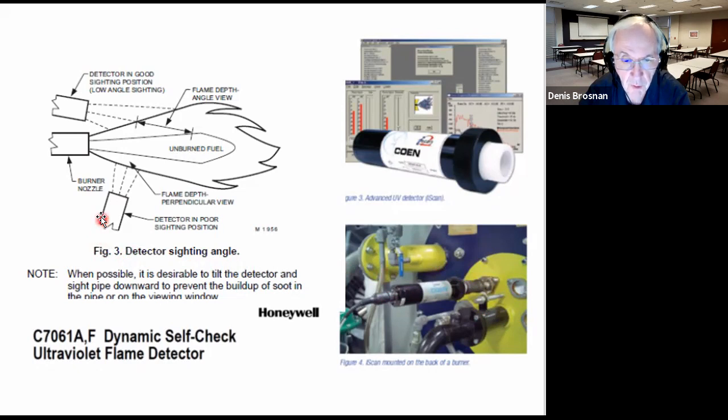The purpose of the Honeywell diagram is to show you correct and incorrect ways to sight into the flame to make sure that your burner is operating. I've heard people talk about these UV detectors becoming a maintenance item because you've got to keep that sight glass clean that's on the burner housing. I'm sure that any burner supplier can advise you on that.